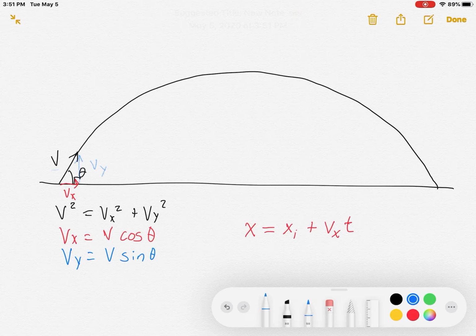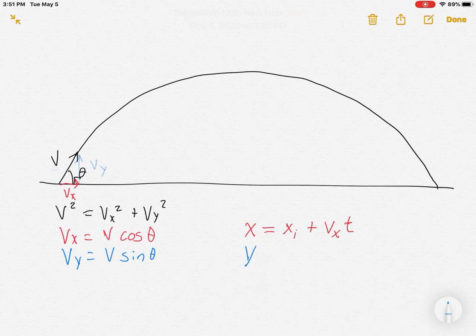The vertical, on the other hand, is a little more complicated. The position y at any given point during this trip is equal to the initial y position. Again, usually this is going to be 0, but not always. Plus the velocity in the y direction times the amount of time that it travels there.